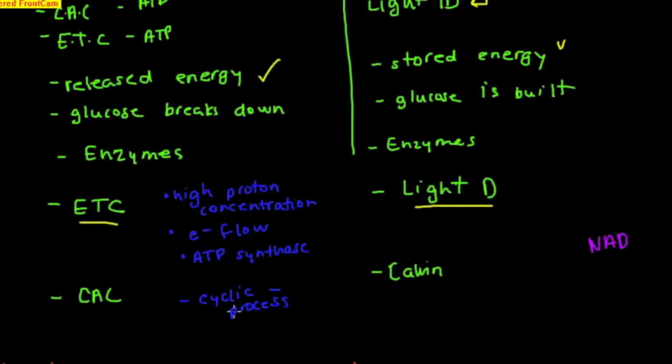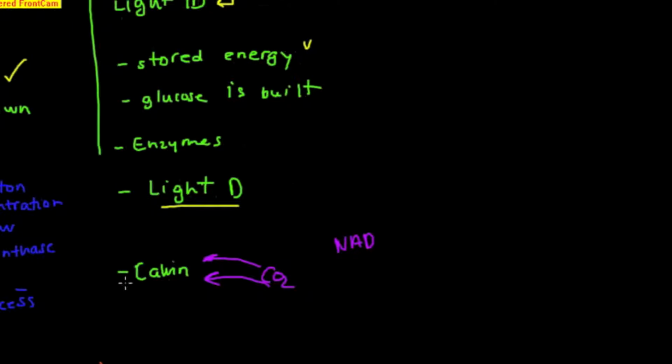We also compared the citric acid cycle and the Calvin cycle. Here you can see the cyclic process being a very key similarity. A difference we notice is that the citric acid cycle is shedding CO2, while the Calvin cycle is bringing in CO2. A last thing to make note of is about NAD.